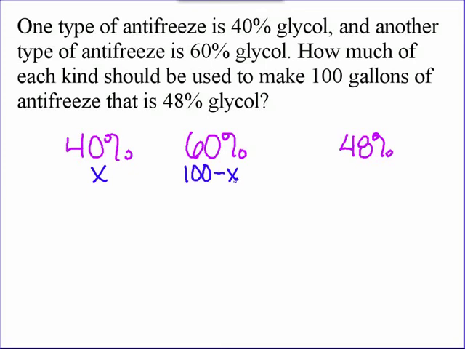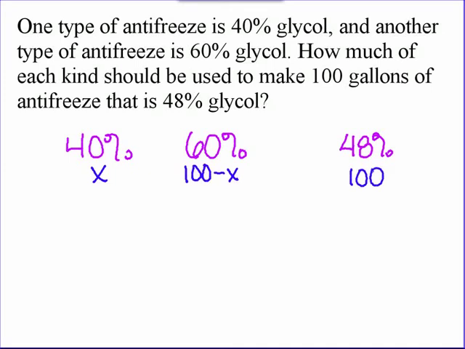Now, for those of you that are a little confused, let's think about that. If I had 10 gallons here of 40%, how many would I have to have of the 60%? 90. If I had 40 gallons of the 40%, how many gallons would I need here? 60. So how we find this is we take whatever amount is total, 100 minus X, and then we're going to have 100 total gallons of our final solution.